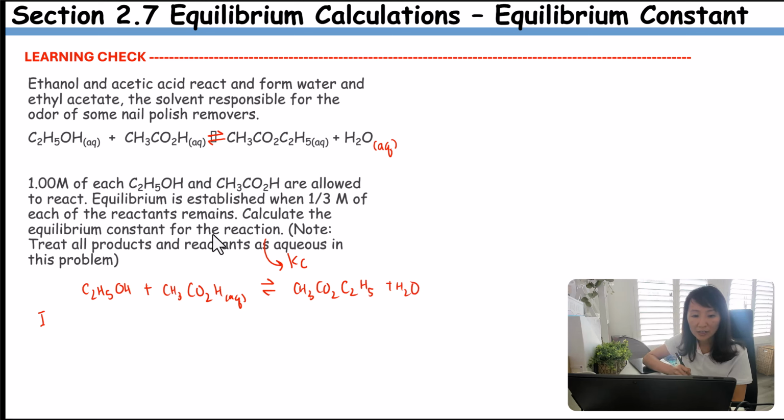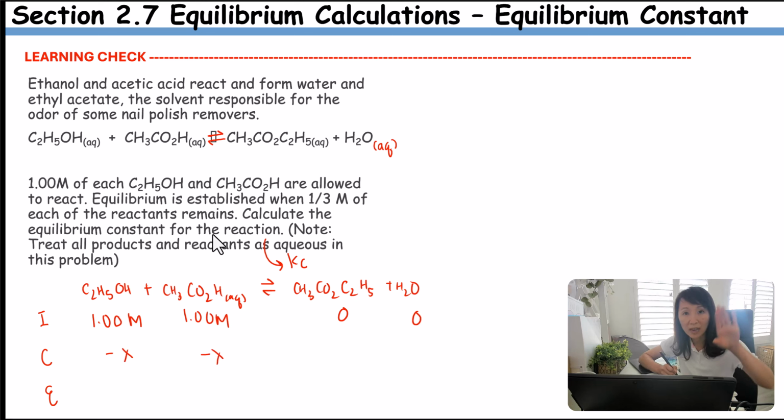So initially we had 1.00 for both of these reactants. And initially there was none of the product. Time has changed. And at equilibrium, well, we don't know how much, so it was minus x for the reactant side because you're diminishing, and plus x on the product side.